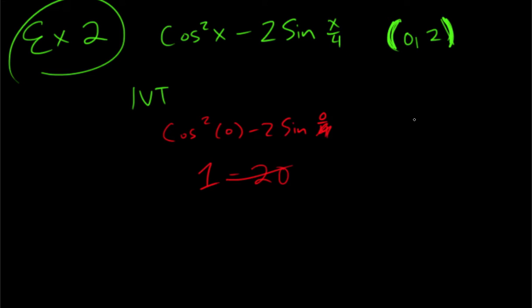And then if we plug in 2, we get cosine squared 2 minus 2 sine 2 over 4.